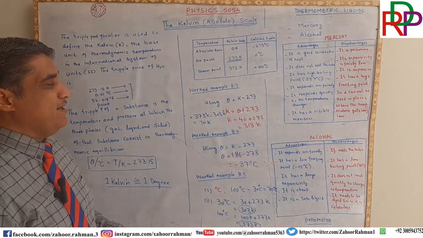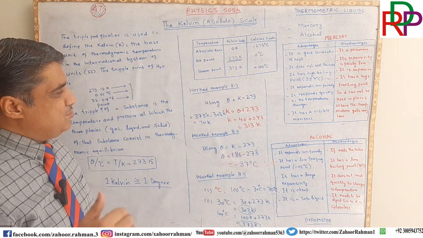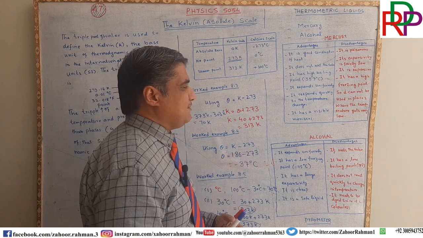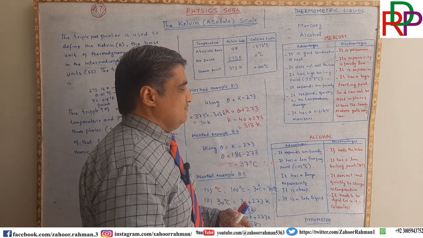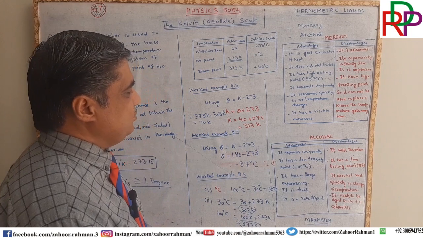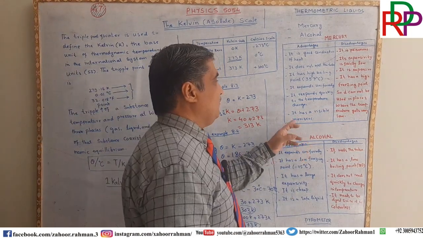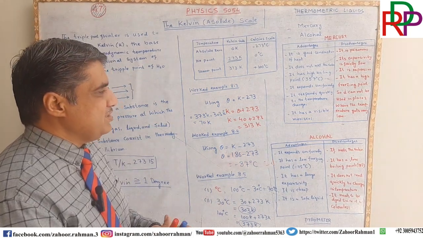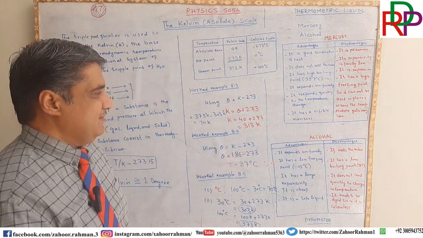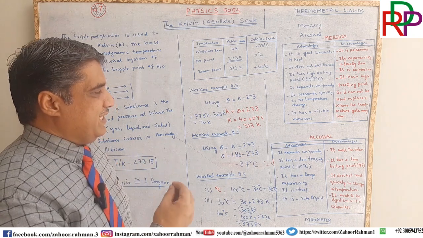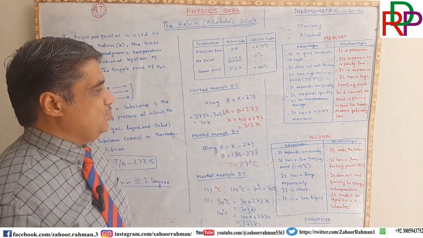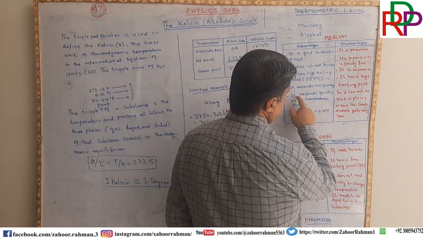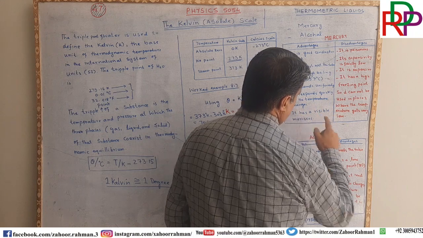Alcohol responds slowly. In situations in which we do not require quick responses, we use alcohol. But for quick responses, like noting down the temperature of a baby, we need a quick response within 1 minute. Then we have to use mercury because it responds quickly to temperature changes.